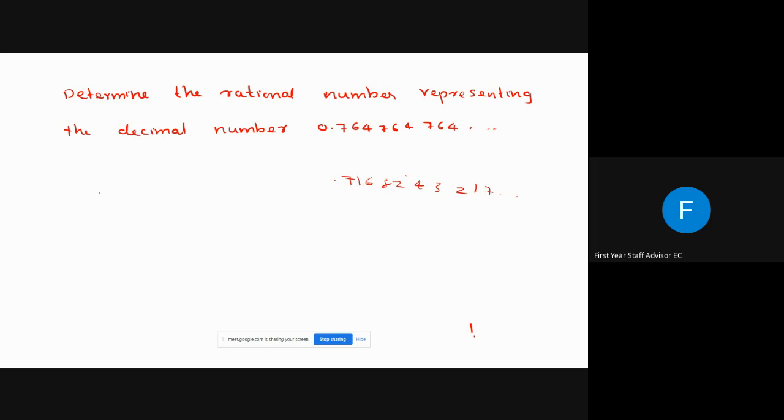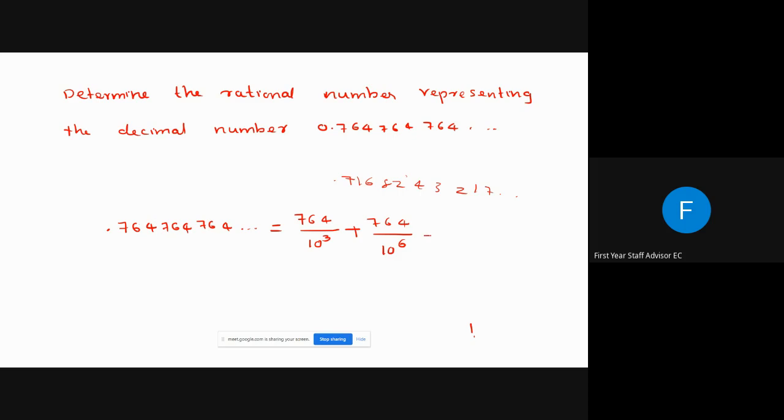That means 0.764 764 764, etc. we can write as 764 divided by 10 raised to 3. Here 764 is repeated, so 764 divided by 10 raised to 3 plus 764 divided by 10 raised to 6.